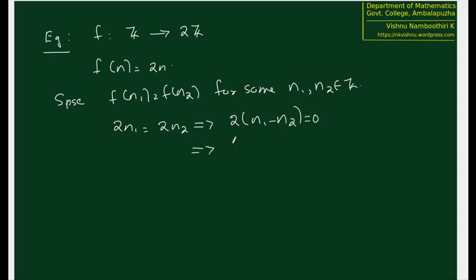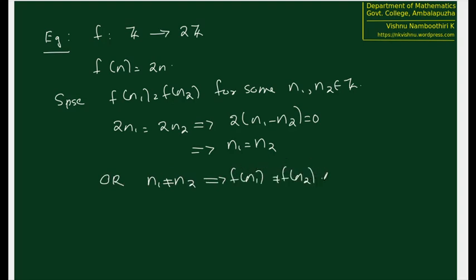Since 2 is not equal to 0, n1 minus n2 must be equal to 0. Therefore, n1 equal to n2. So if we get f of n1 equal to f of n2 implies that n1 equal to n2, or n1 not equal to n2 implies that f of n1 not equal to f of n2.